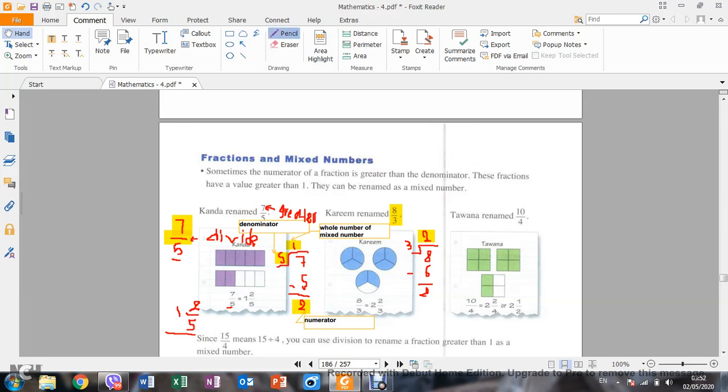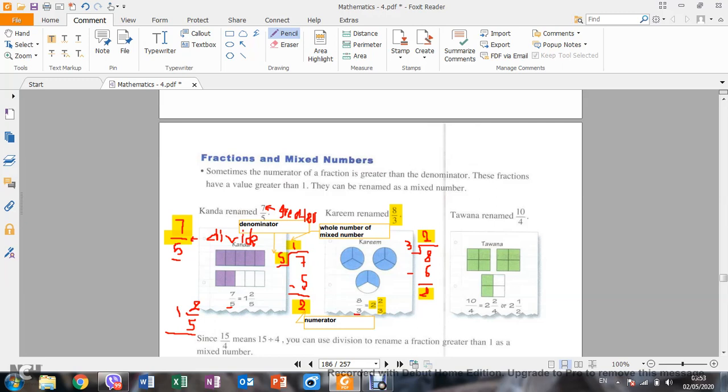Look at it here, it's 2. For the fraction, the remainder is 2, which means our numerator is 2. Look here, our numerator is 2, and the denominator doesn't change. It's 3, the same as here.